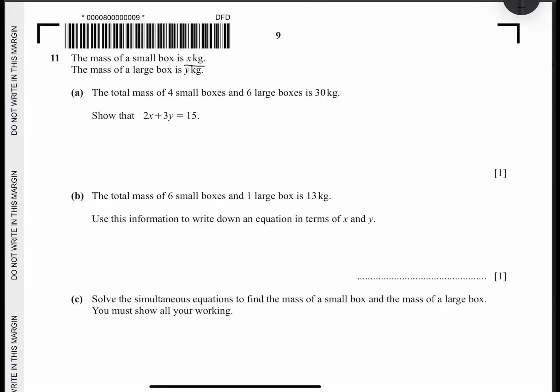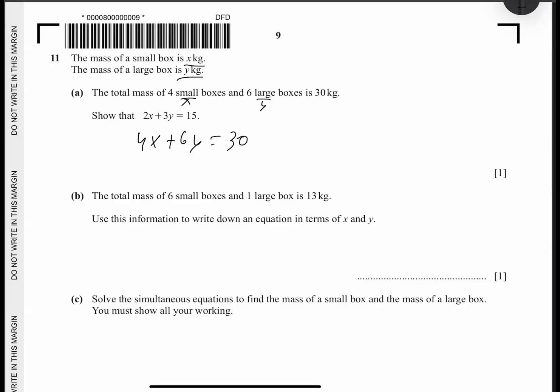The mass of a small box is x, the mass of a large box is y. The total mass of 4 small boxes and 6 large boxes is 30 kg. So we know 4 small boxes is 4x, right? And large boxes is 6y. So 4x plus 6y is equal to 30.